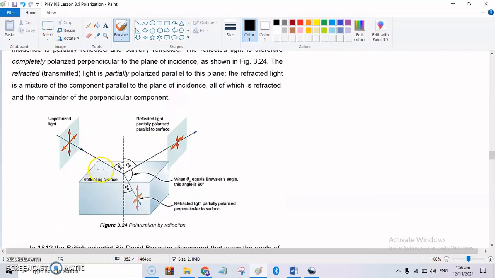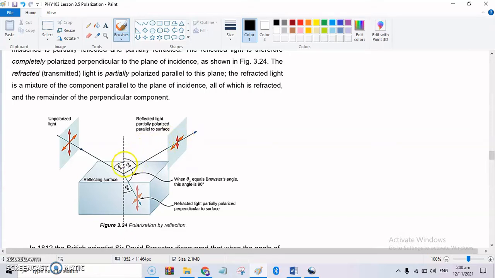Figure 3.24. So this is a polarization by reflection. You can see in here that this is a reflecting surface. So this is the normal line within this reflecting surface. There's an unpolarized light coming through the reflecting surface, and then it reflects back partially polarized parallel to the surface.